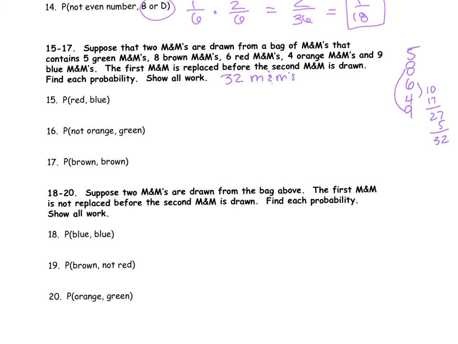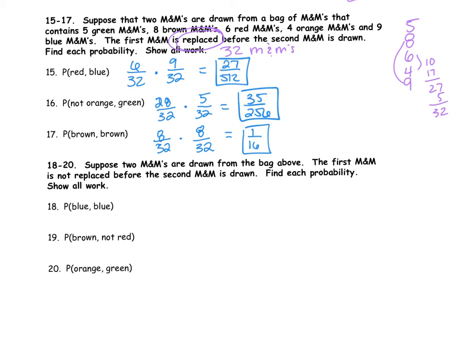So probability, so okay, this is replaced. So think about, is replaced, is this going to be independent or is this going to be dependent? If it is replaced, it's going to be independent, meaning it's not going to affect what happened the first time. You're replacing something, it's independent. So probability, I'm actually taking forever, so I'm going to pause this and write out the answers for 15 through 17 quickly.